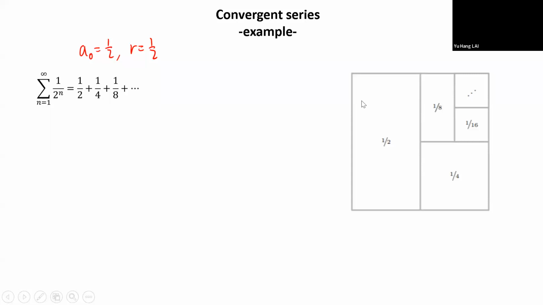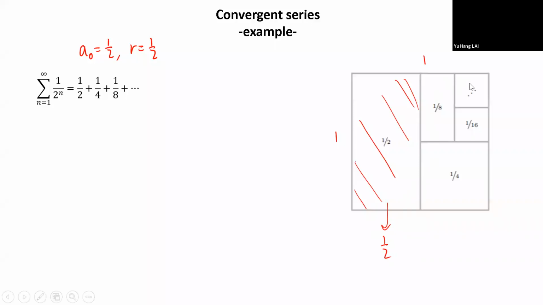I consider a square of side 1. Just consider this is a square plate, and each time you are going to cut it into half and then take half of it. The first time you cut it into half and take this half out. Then how much area do you get? You get 1/2.